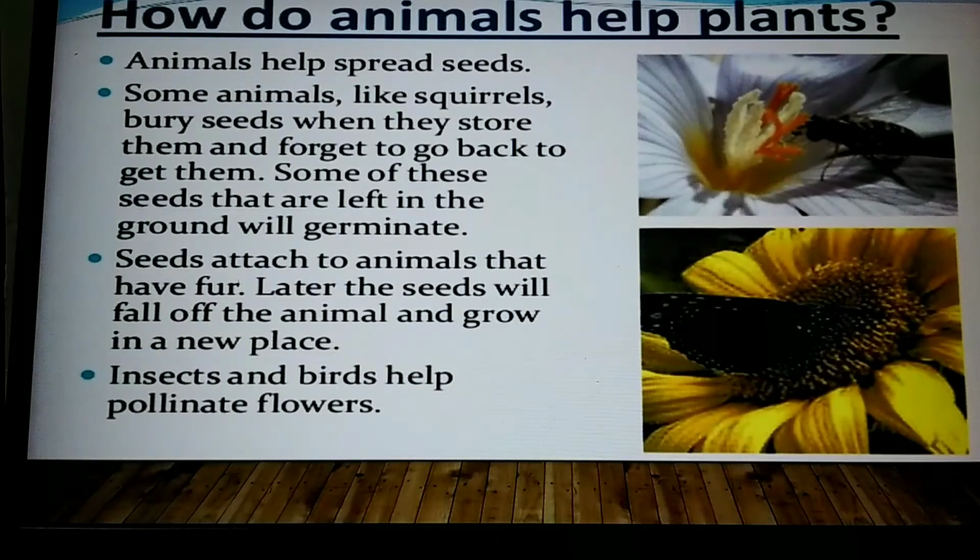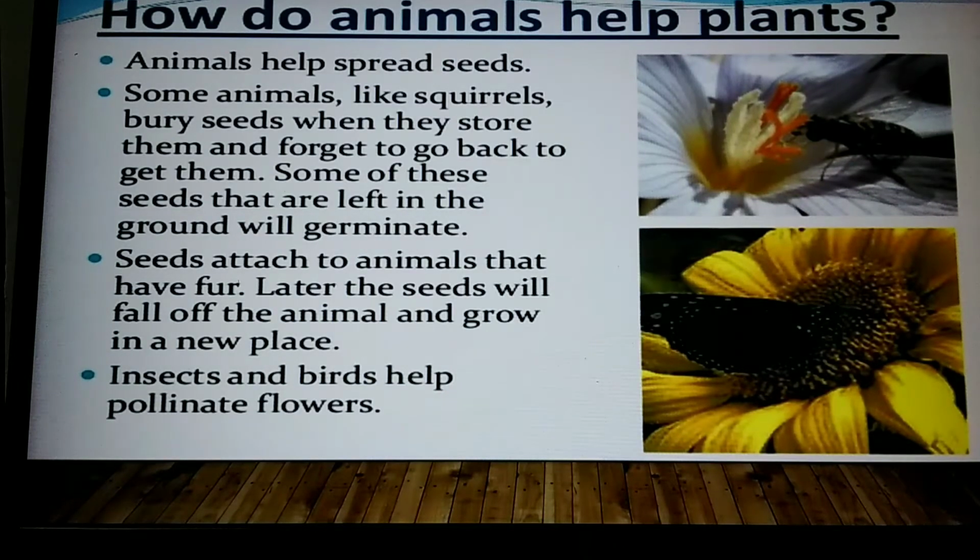Now, how do animals help plants? Animals help plants in dispersal of seeds for germination. For example, some animals like squirrels bury seeds when they store them and forget to go back to get them.